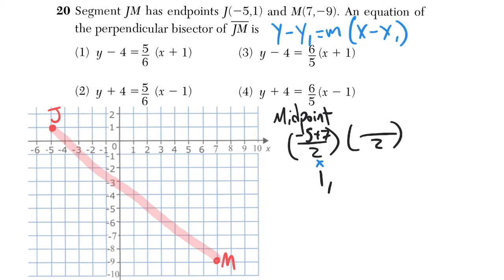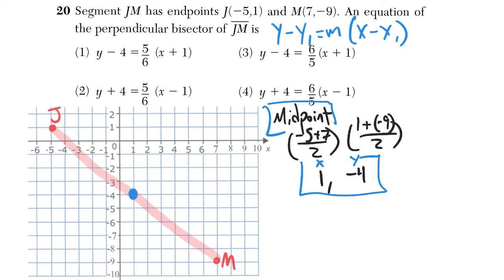And so the y values are 1 and -9. All right. So -9 plus 1 is -8. -8 divided by 2 is -4. We just figured out what our midpoint is. Amazing. All right. So our midpoint is precisely right here.